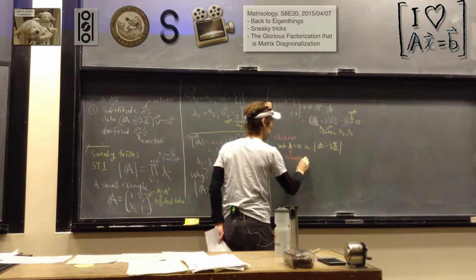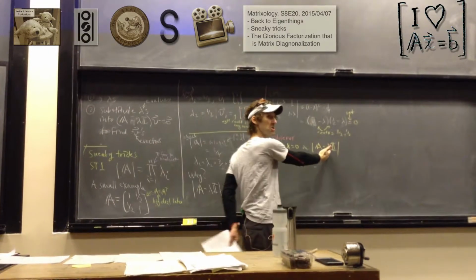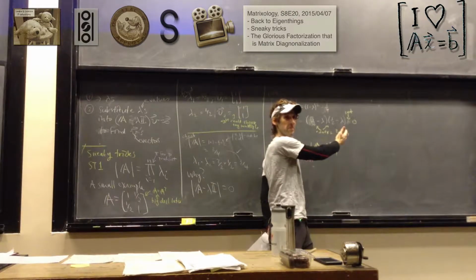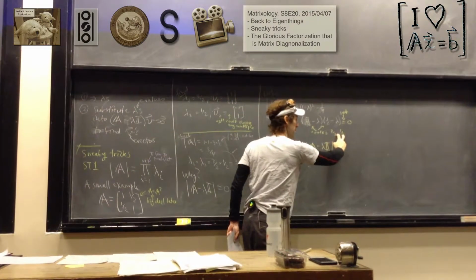We can set lambda to anything we want. We can dial it from minus infinity to infinity. And we're saying, well, these are the only ones that are really interesting.